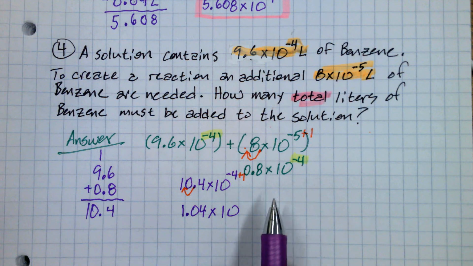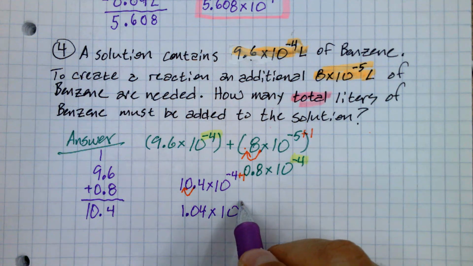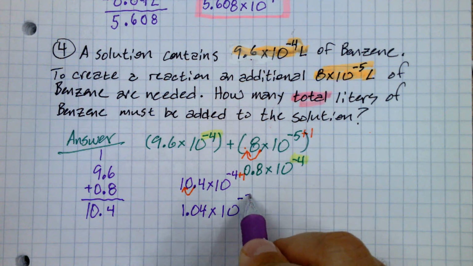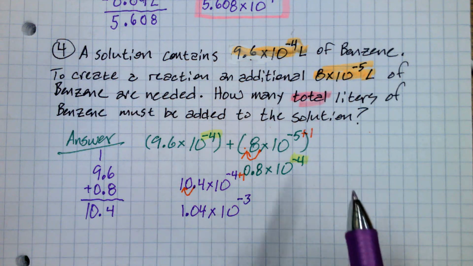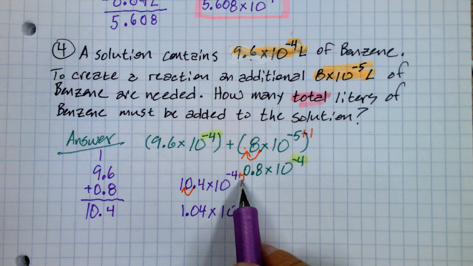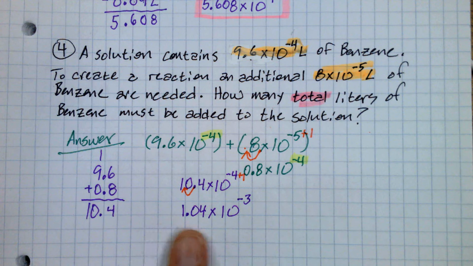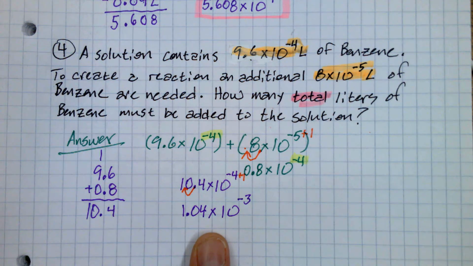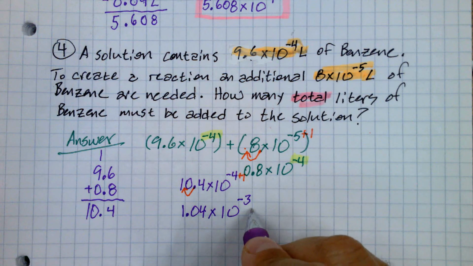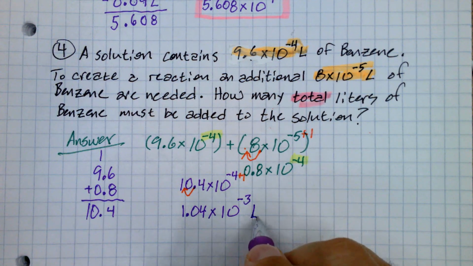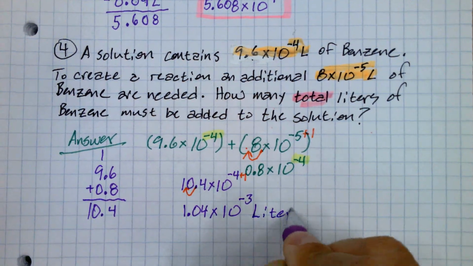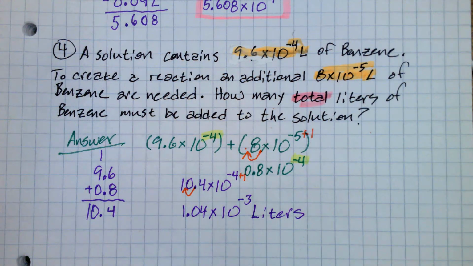What's 4 take away 1? It's going to be 3, but it's going to be negative 3. So negative 4 plus 1 is negative 3. So it's 1.04 times 10 to the negative 3 liters is the amount that's needed.